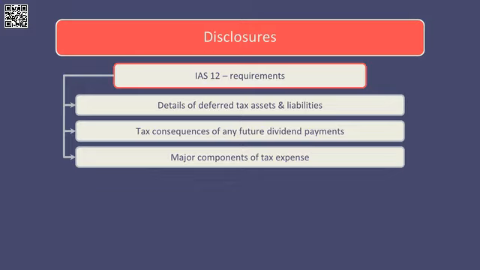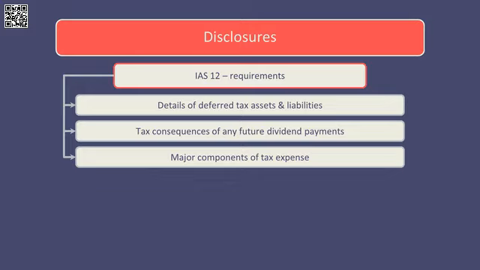For each type of temporary difference and unused tax loss and credit, the amount of deferred tax assets or liabilities recognised in the statements of financial position and the amount of deferred tax income or expense recognised in the profit or loss.